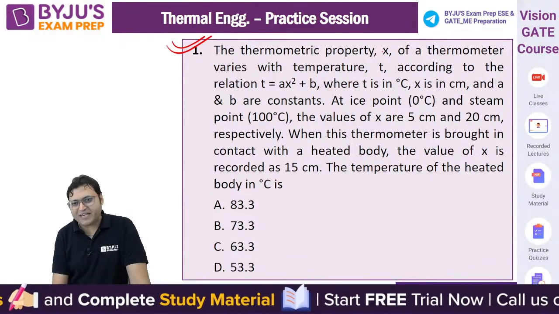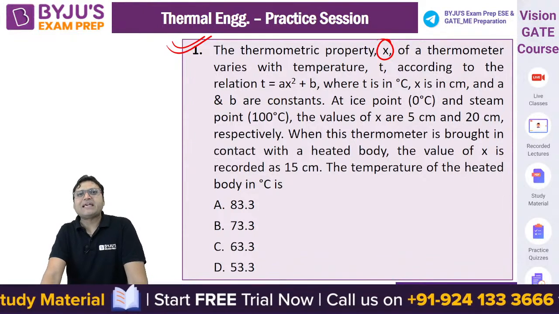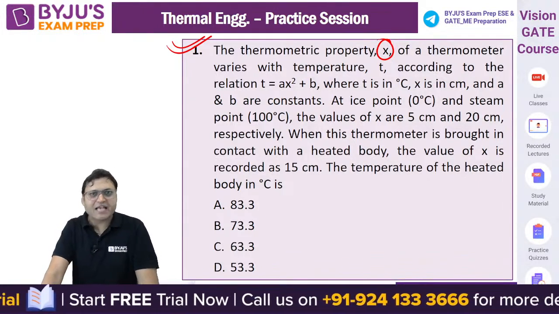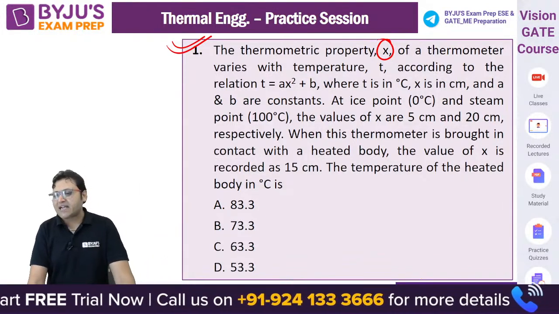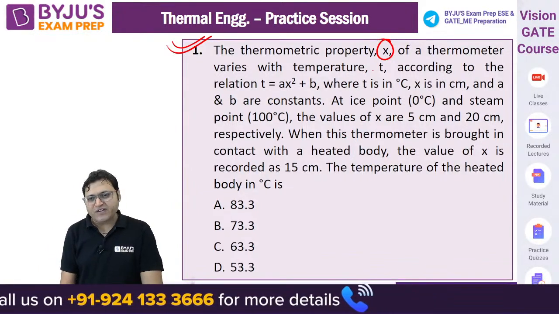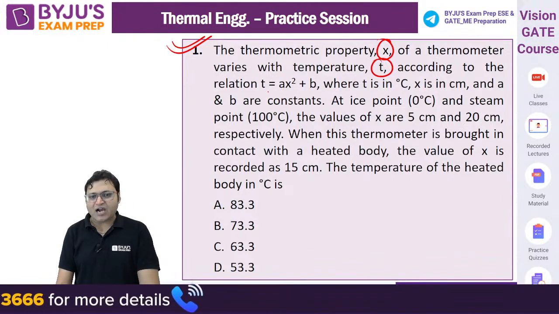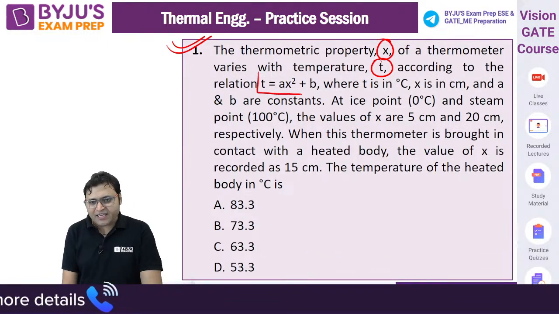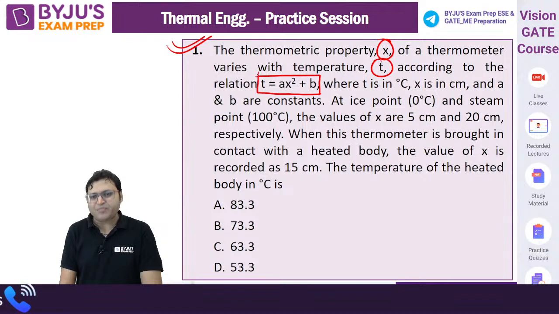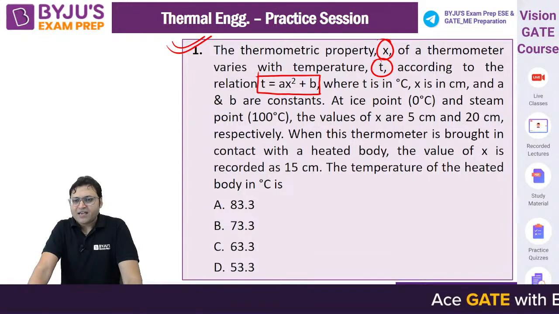The thermometric property X. What is a thermometric property? A thermometric property is a property of a substance which is used to measure the temperature directly or indirectly, and which varies with temperature. The thermometric property X varies with temperature T according to the relation T = AX² + B, where T is in degree Celsius, X is in centimeter, and A and B are some random constants.